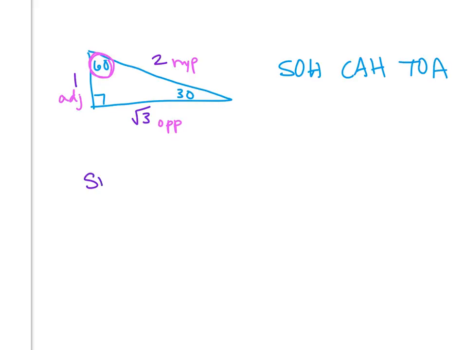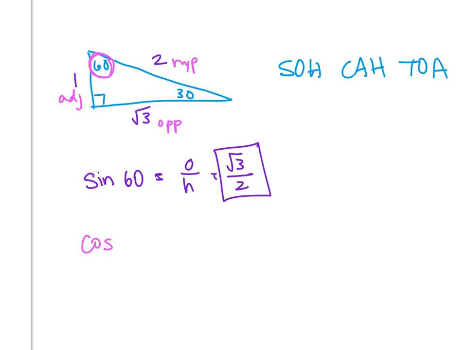All right, our sine of angle 60 is equal to the opposite over the hypotenuse. The opposite side is the square root of 3, and the hypotenuse is 2. Cosine of angle 60 is the adjacent side over the hypotenuse, and the adjacent side is 1, hypotenuse is 2, so there's that answer.